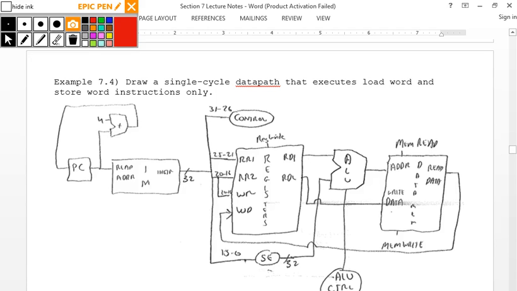We bring 15-0 here. We sign extend to 32 bits. We do that every time. We're not going to be calculating anything else with the ALU. Read data 1, read data 2, write data. This goes to the address because our calculate, this is the base pointer. Mem read and mem write. And then read data comes back for load word.